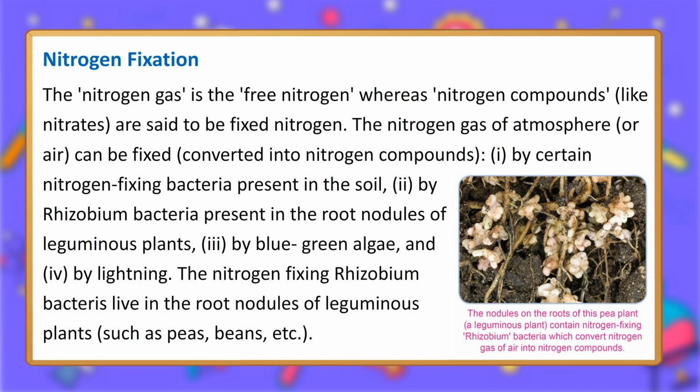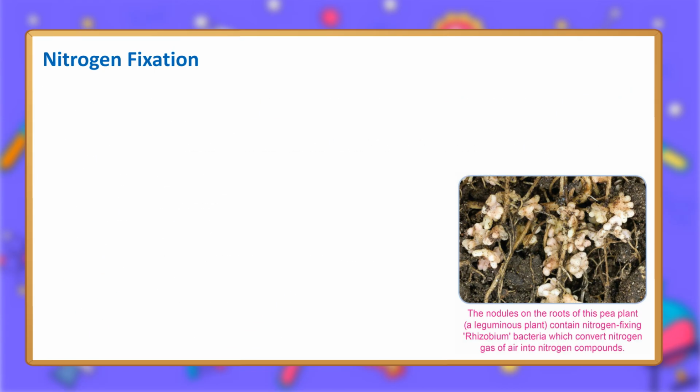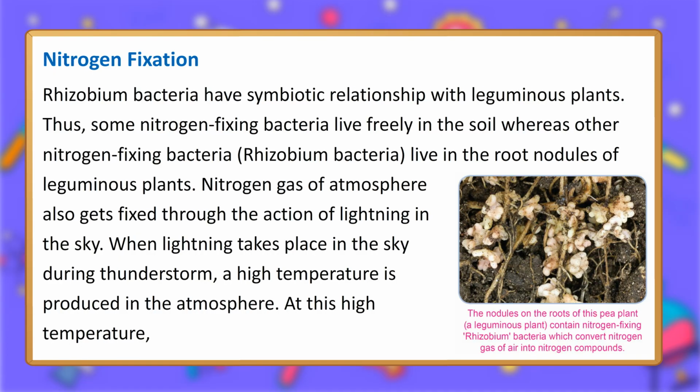The nitrogen-fixing rhizobium bacteria live in the root nodules of leguminous plants, such as peas, beans, etc. Rhizobium bacteria have symbiotic relationship with leguminous plants.